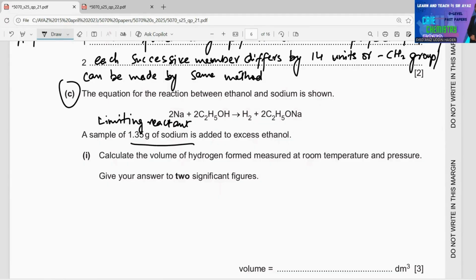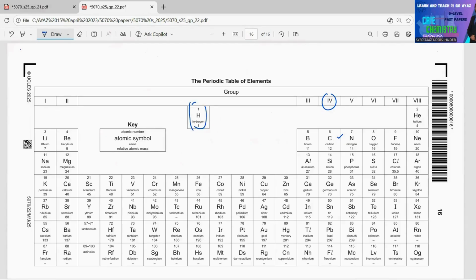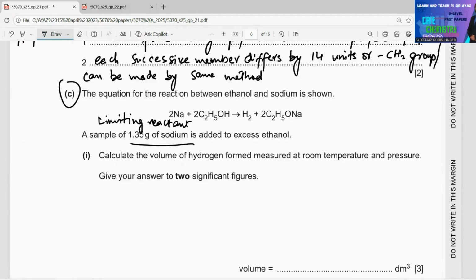So where's Na in the periodic table? Here's Na in the periodic table. 23 will be the mass of sodium.